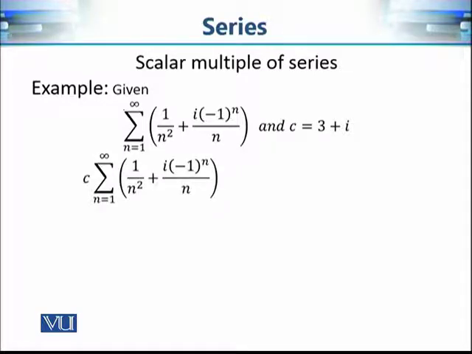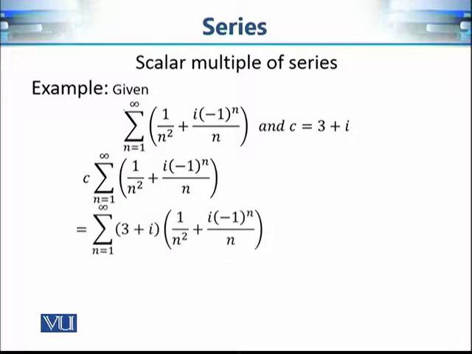So according to the definition, this is going to be equal to C multiplied by this series, and by our definition, this is going to be equal to 3 plus iota multiplied by the terms of the series. So each and every term will be multiplied with this complex number 3 plus iota.